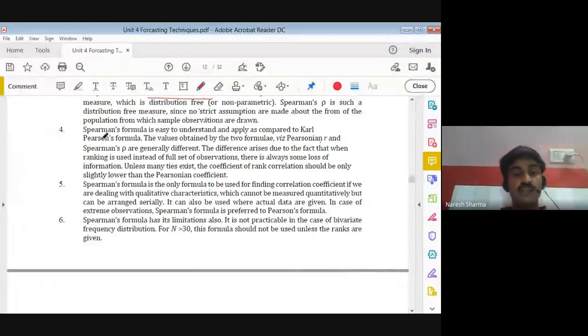Values obtained by the two formulas are slightly different. And obviously, as Pearson applies on direct data, it gives a little better result as compared to rank correlation. Rank correlation is slightly lower than Pearson correlation.